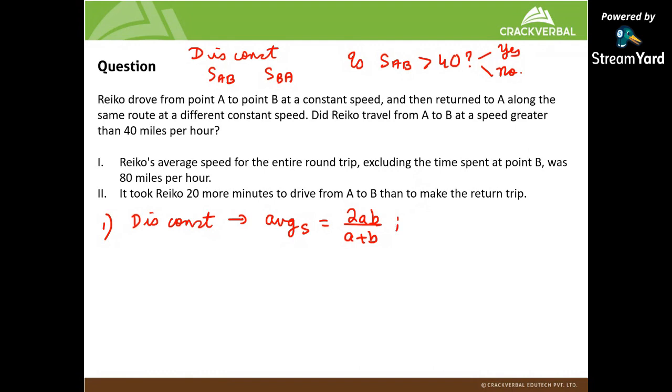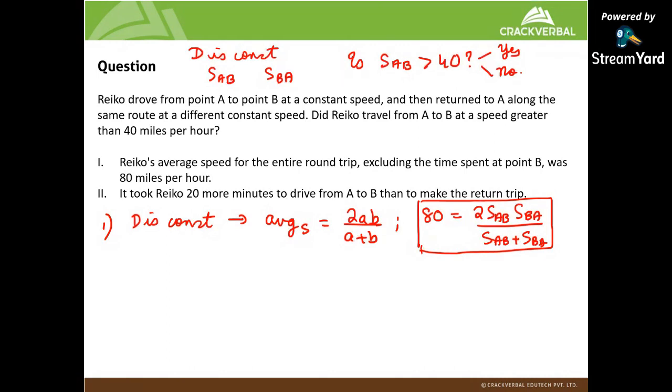So the statement is basically giving me that the average speed is 80, which equals 2 times the speed of A to B times the speed of B to A, divided by the speed of A to B plus the speed of B to A.